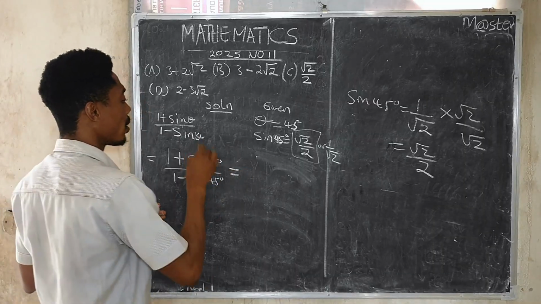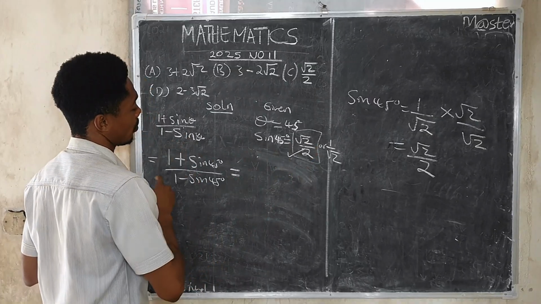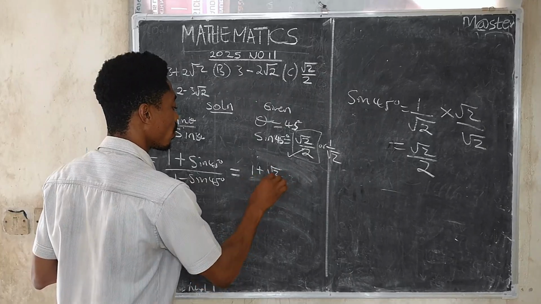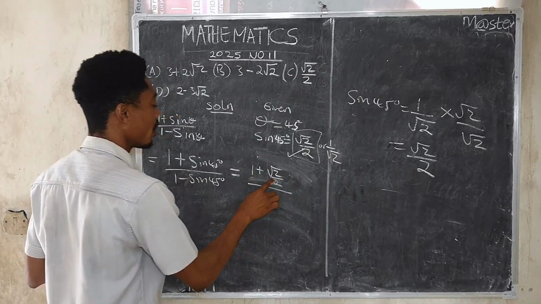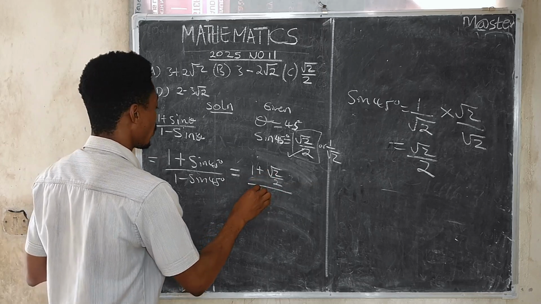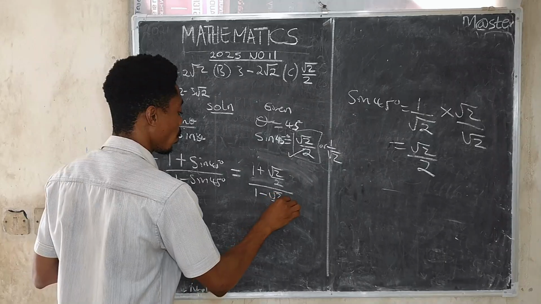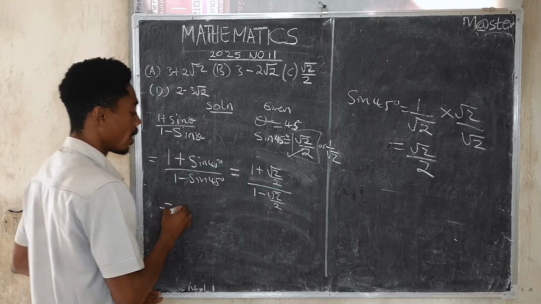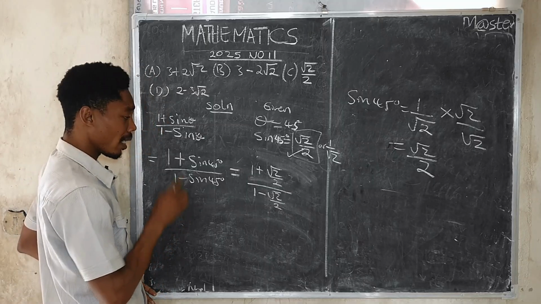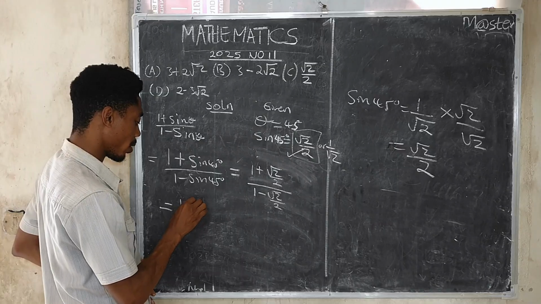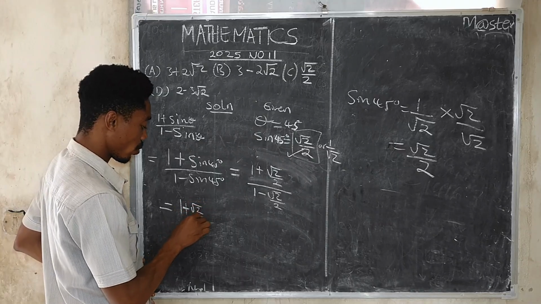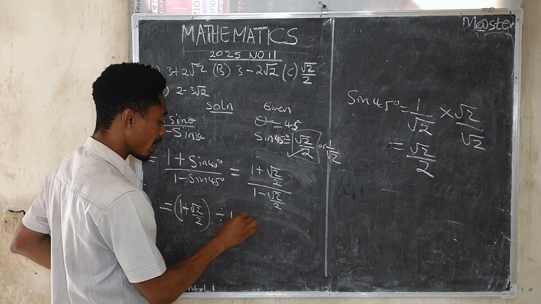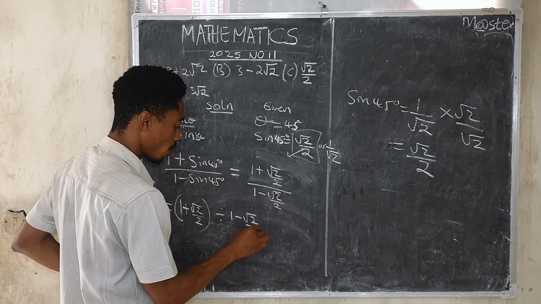This gives me 1 plus root 2 over 2, all divided by 1 minus root 2 over 2. We take note. From there, I have that this is the same thing as 1 plus root 2 over 2 divided by 1 minus root 2 over 2.